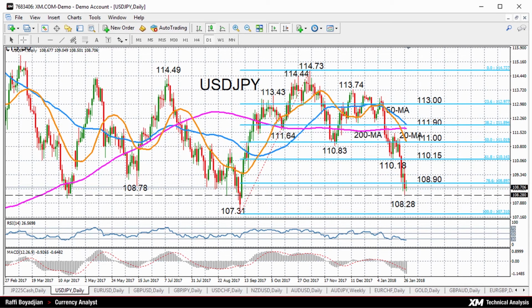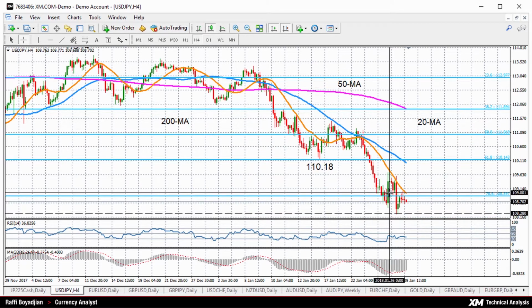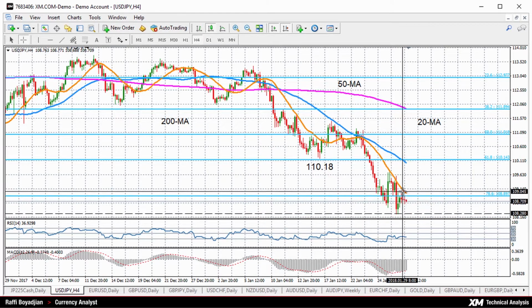However, if prices were to move higher, or at least today's upside momentum was to gather further strength, we could see trouble at around the 20 period moving average.